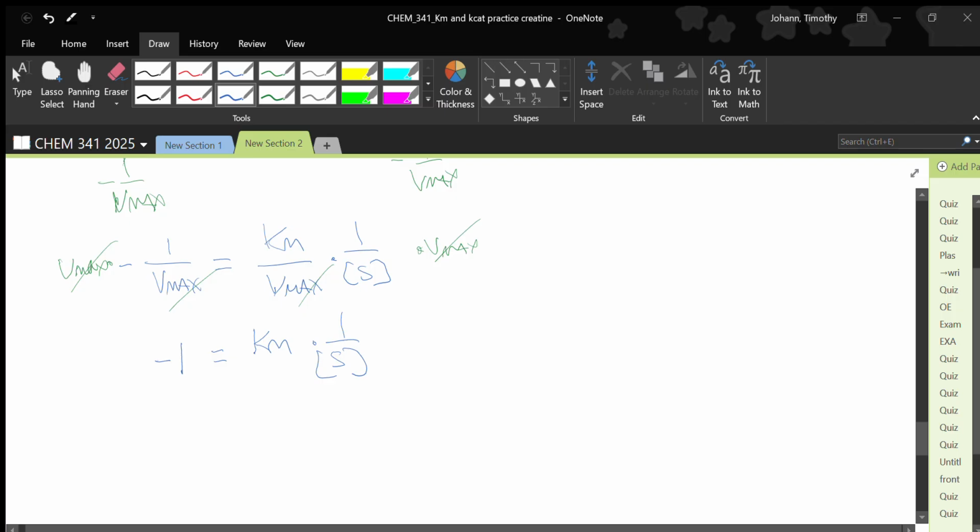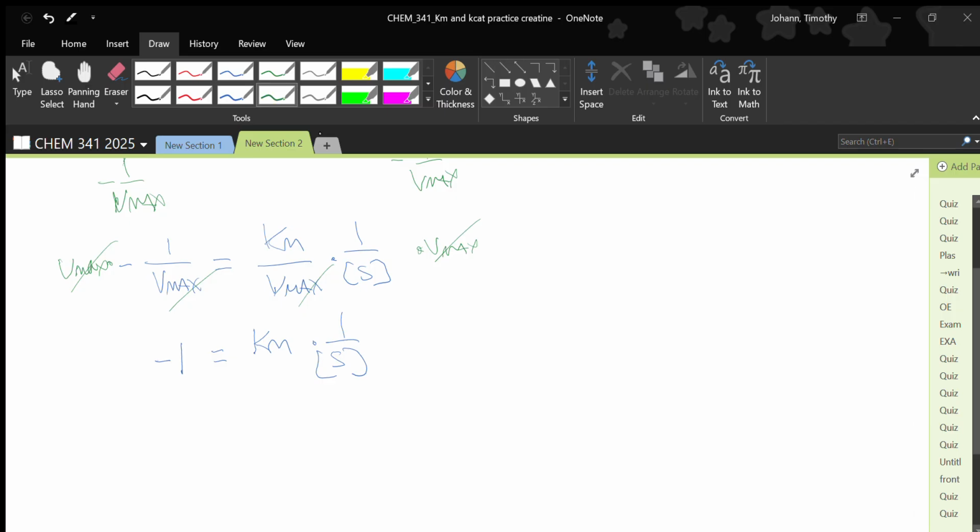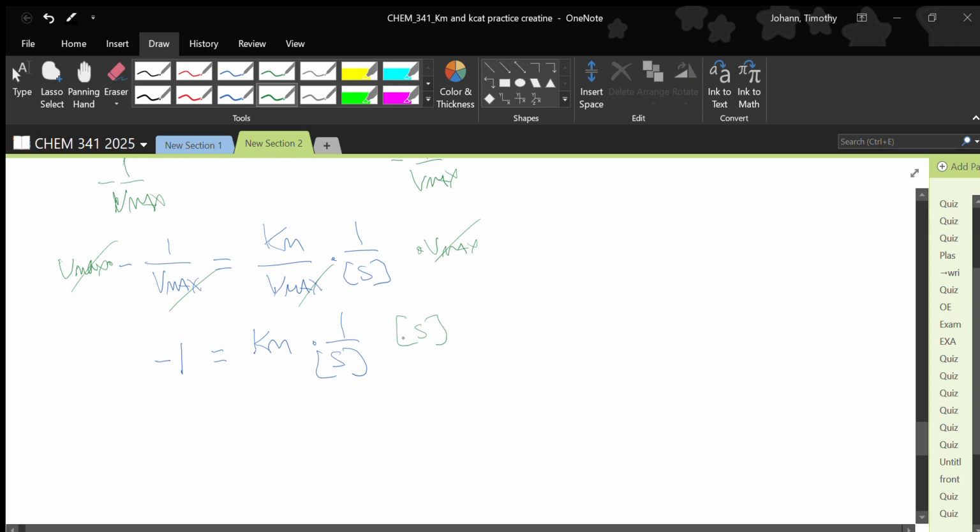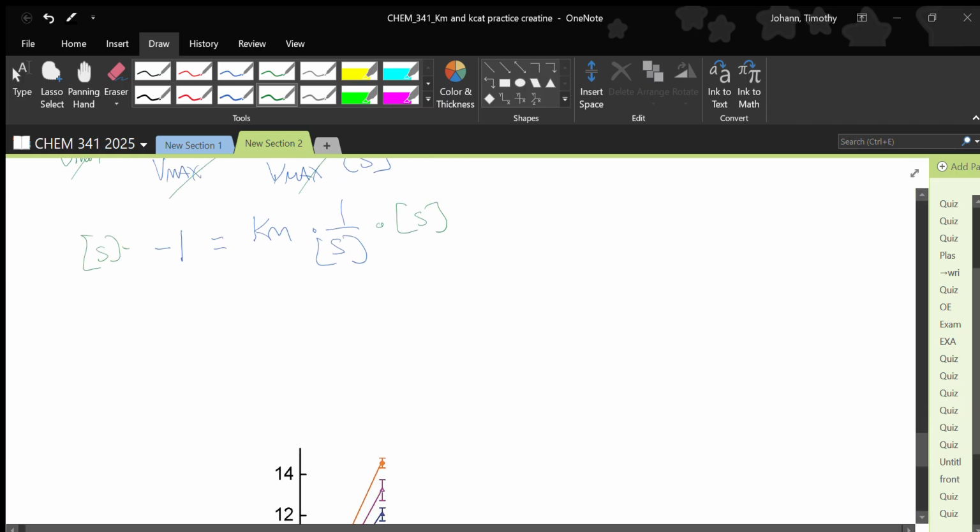Now what can I do to isolate Km? Multiply by substrate concentration. And so now I get negative substrate concentration is equal to Km.